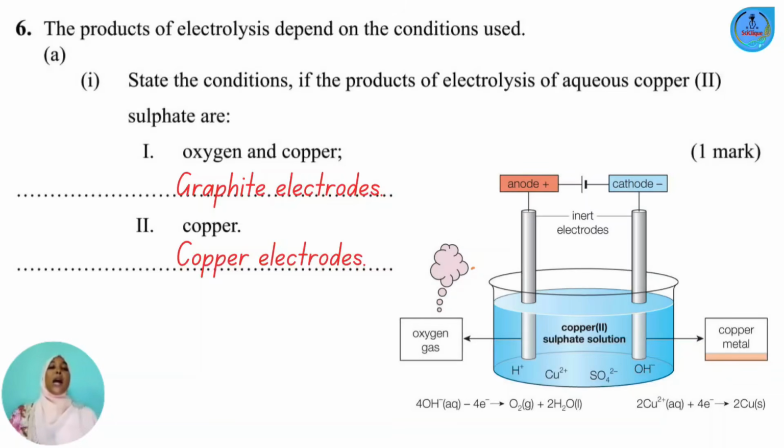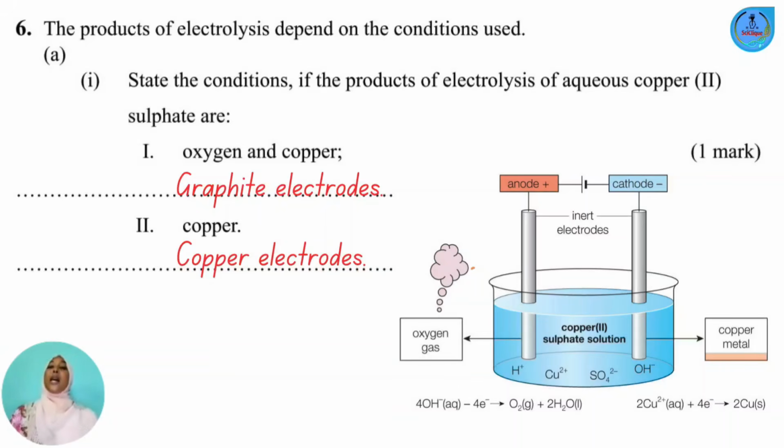Now, if, for example, we have electrolysis of copper 2 sulfate and we are using graphite electrodes. Now, graphite is a good conductor of electricity.